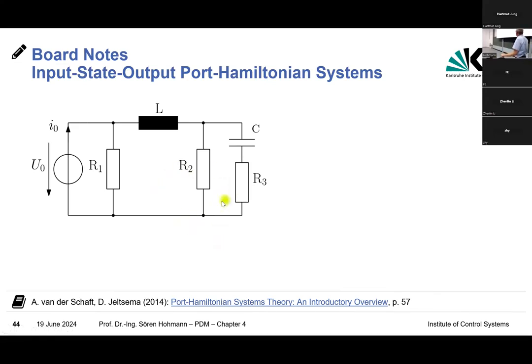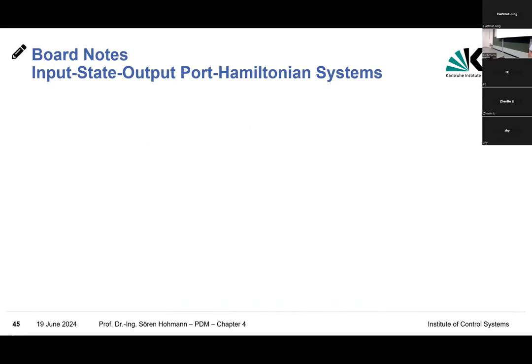But I think of an electrical system right now, and this electrical system has a voltage source here, a resistor, a second resistor, another one, a capacitor, and an inductance in between. We want to build on the port-Hamiltonian system here and show that it applies as well to what we have seen before. So let's do the job.